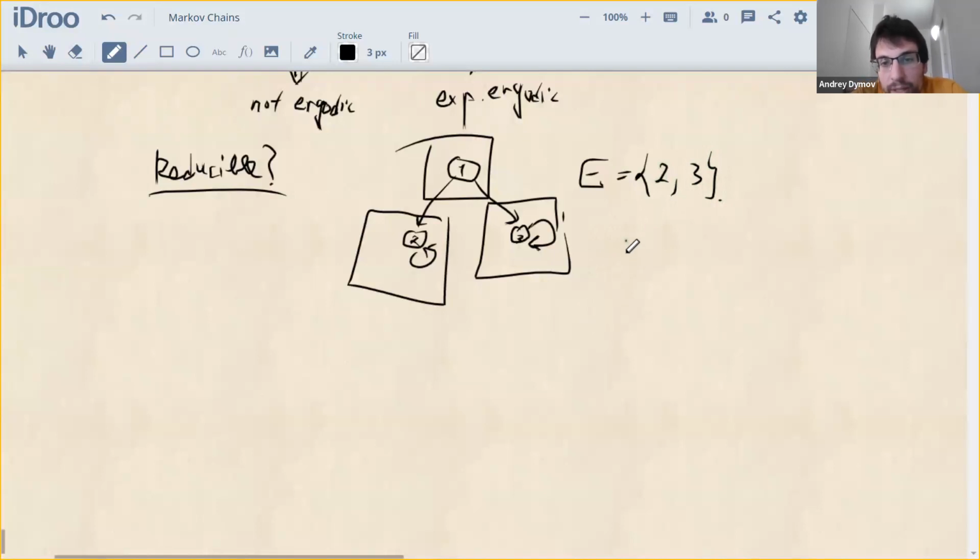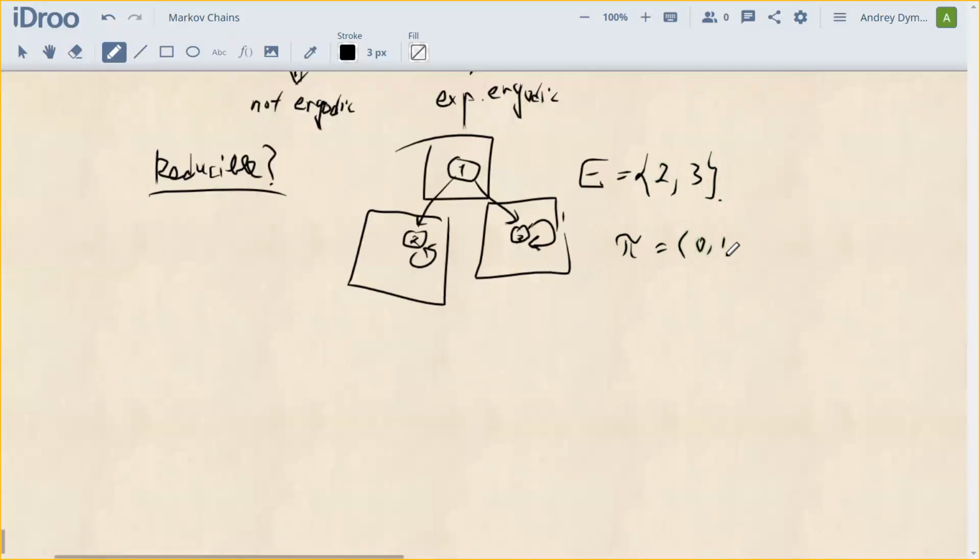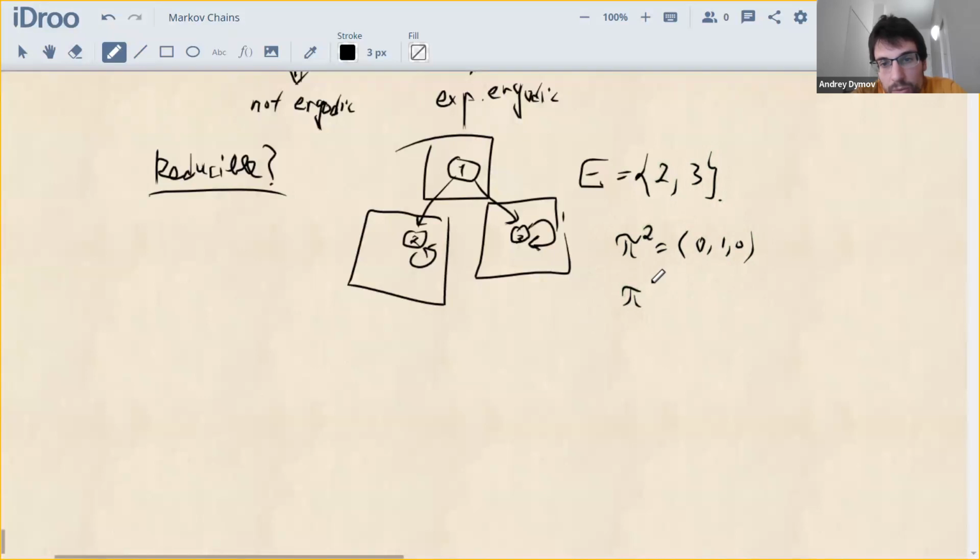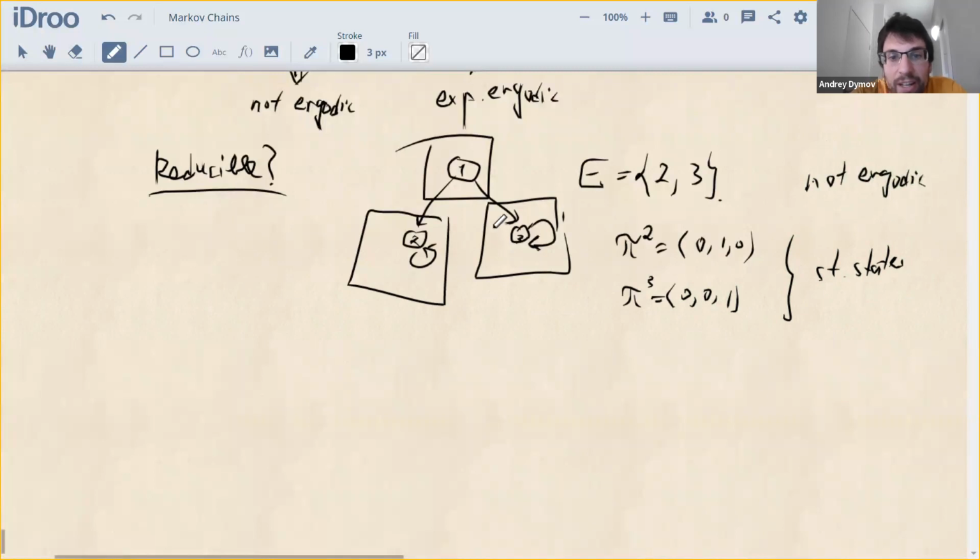So here I see that the stationary state is not unique. Which stationary states exist for this chain? (0, 1, 0) and (0, 0, 1). Let me call them pi 2 and pi 3. These are stationary states. So in particular, the chain is not ergodic. But clearly every minimal communicating class is ergodic, right?